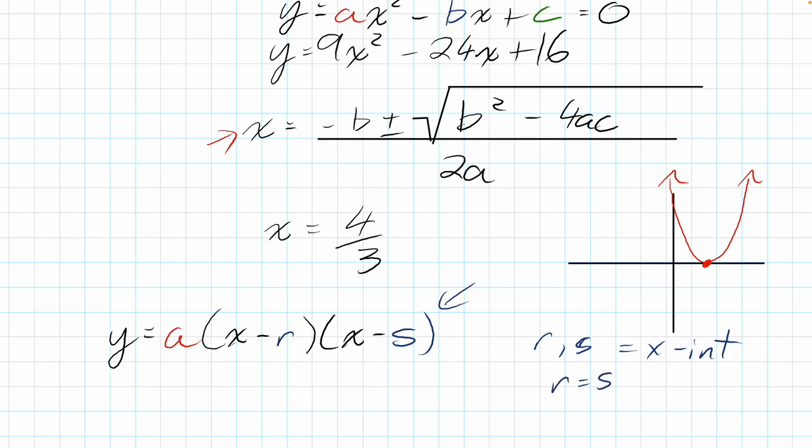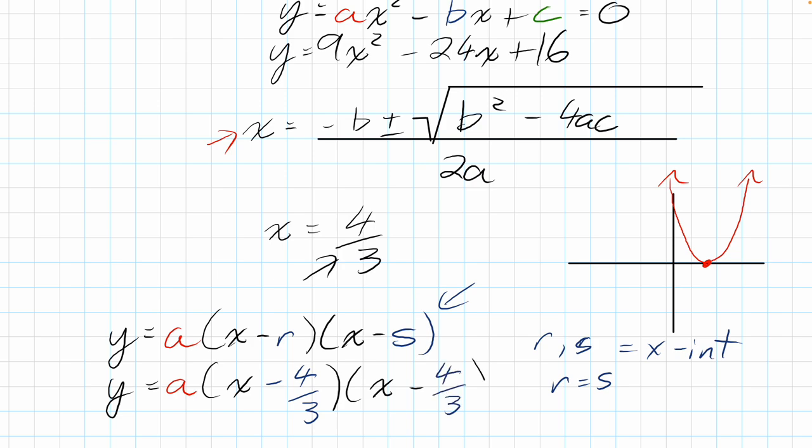So we're going to still stay in this form, and we're just going to plug things in. We found that our r or our s, whatever you want to call it, is equal to 4 over 3. So I'm going to rewrite the same factored form and plug in values that I know. I don't know what a is, and x is always part of our equation. We're going to subtract 4 over 3, and then in our second bracket, the exact same thing, 4 over 3.